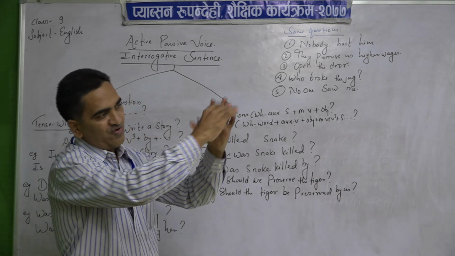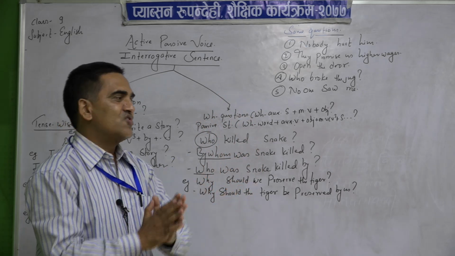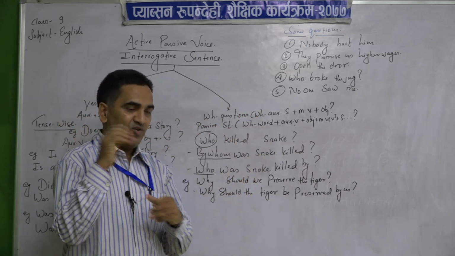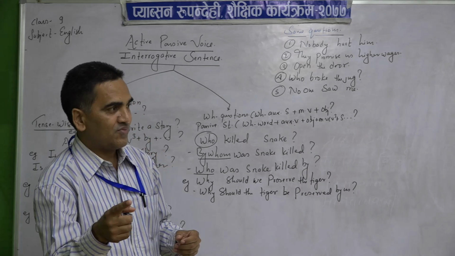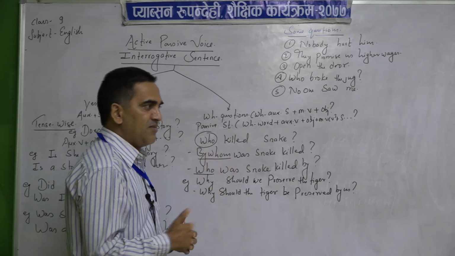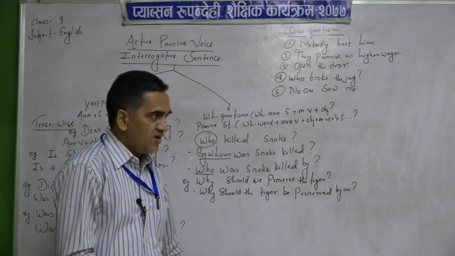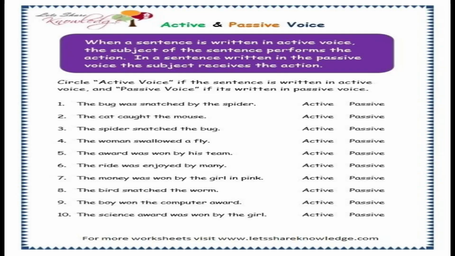Now I am going to show you in a slide some different types of questions, and you have to circle whether the sentence is active or passive. Just try to attempt it. Now my dear students, look at the slide. In the slide it is given: circle active voice if the sentence is written in active voice, and passive voice if it is written in passive voice.